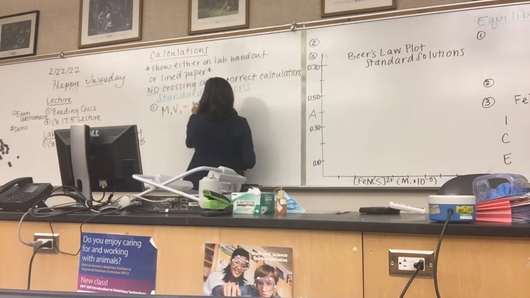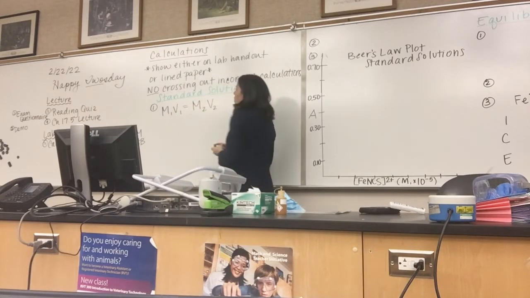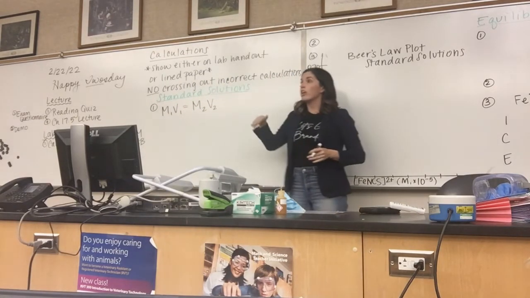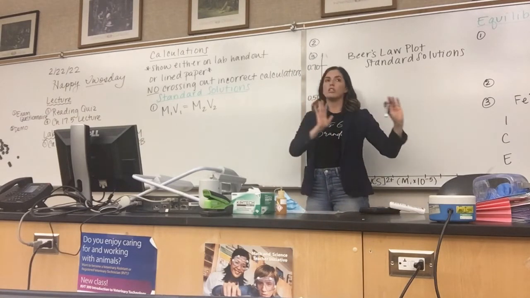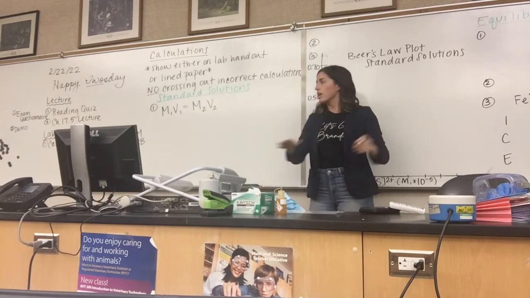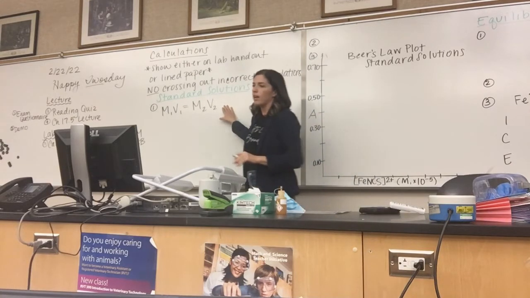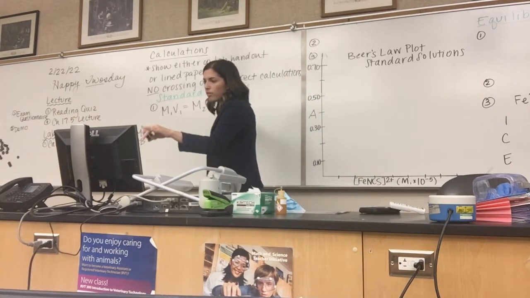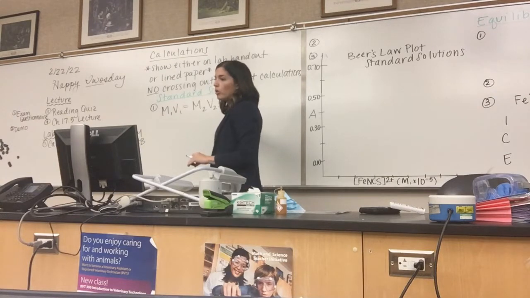Okay, so M1V1 equals M2V2 is really what's being applied for all of the calculations concerning concentration. So when I'm calculating concentration after mixing, this is what I'm using to apply that. So the example that I give, it says 0.0020 moles per liter of thiocyanate solution, and then it's multiplied by 0.00 liters of thiocyanate.